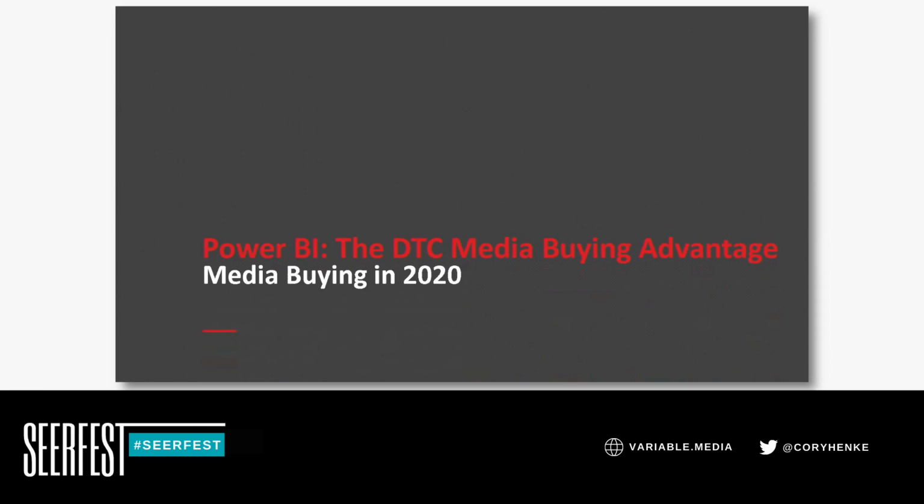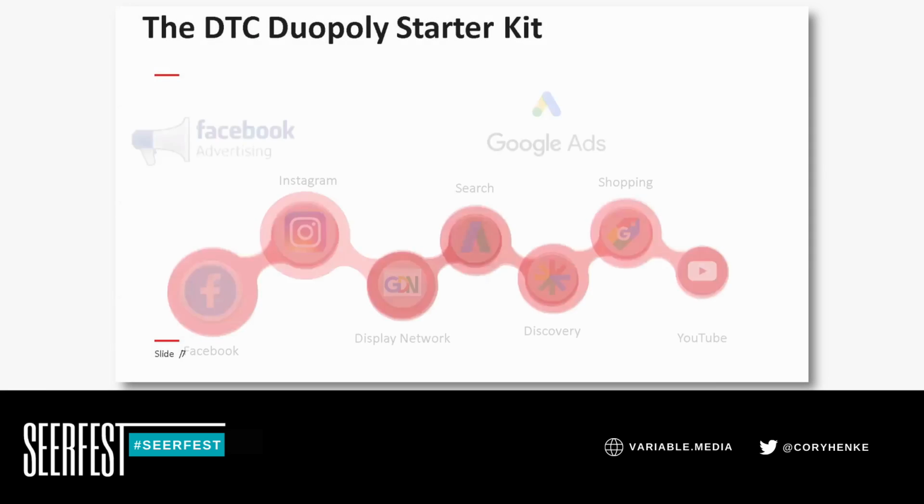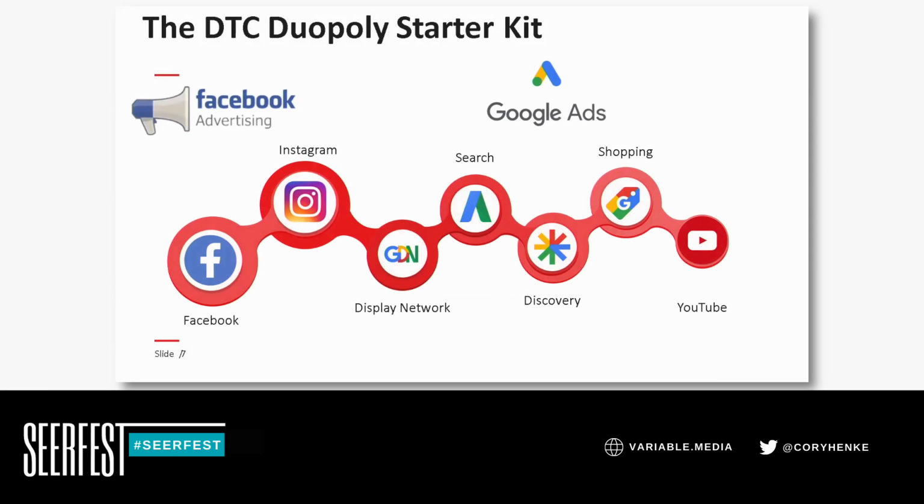So let's discuss what media buying looks like in 2020. The first thing that I want to show you is the DTC Duopoly Starter Kit. For every D2C brand that we've run across, either in e-commerce, a client that we currently manage, or an audit that we've done, they usually have some combination of the 7 platforms that you see here. Now, within these 7 platforms, you have the ability to buy across a huge audience.